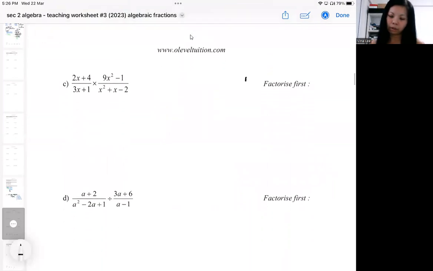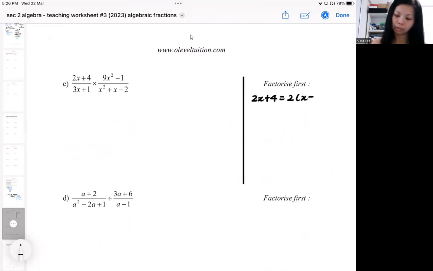Okay, so do your factorization column. You will do it for 2x plus 4. You will do it for 9x squared minus 1, so hopefully you can tell that it's this. And do it for x squared plus x minus 2. Again, hopefully you can tell that this is the answer.